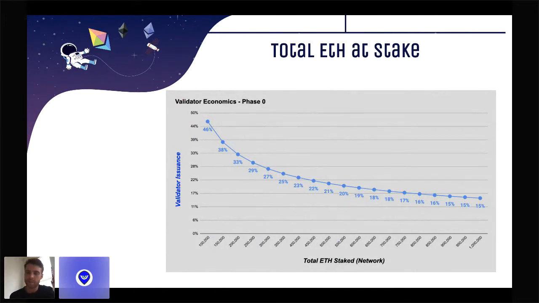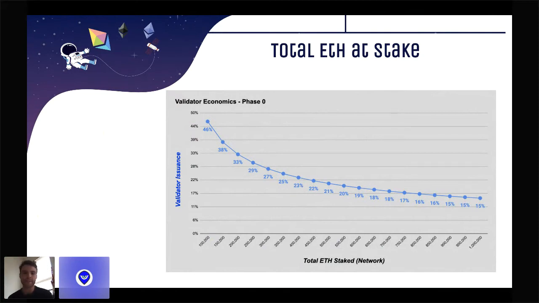On the chart, at the bottom, we can see total Ether staked in the network from 100,000 to 1 million. This is what I've been picturing in the phase zero sense: how do we get to our first 1 million ETH staked, and how will things behave inside that environment?